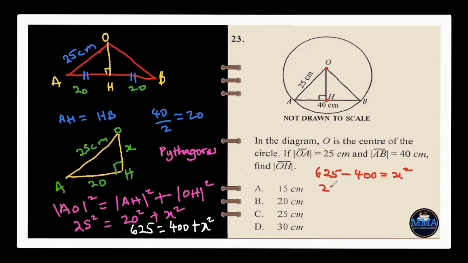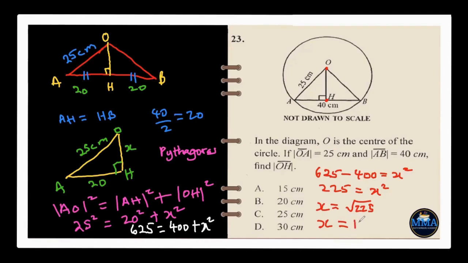So we have 225 equals X squared. If we take the square root of both sides, X is going to be the square root of 225, and it will come out as 15. So X is actually 15 centimeters.